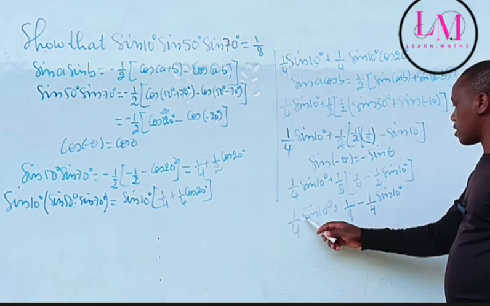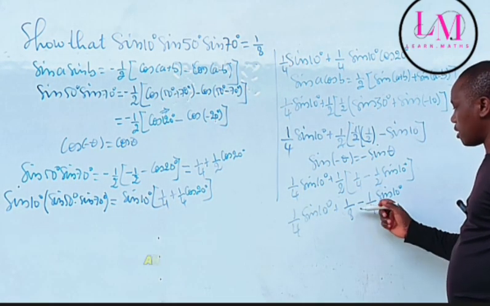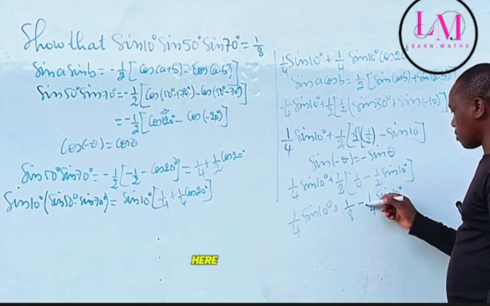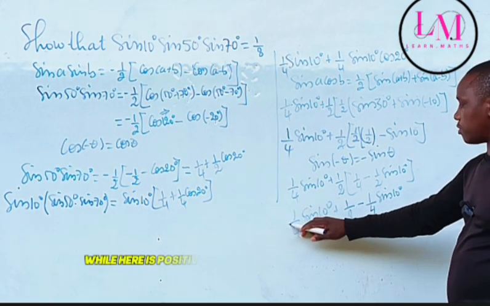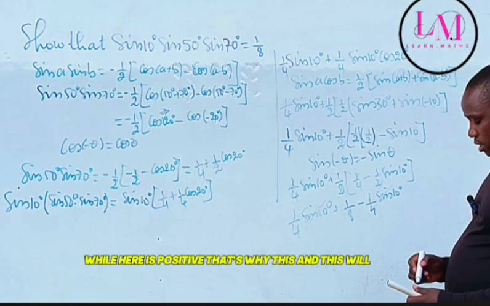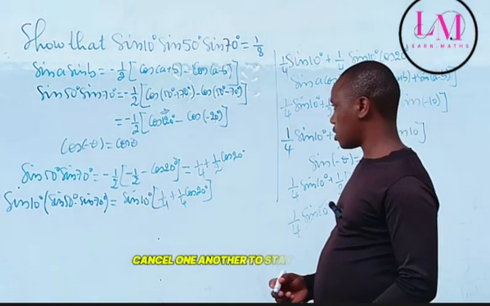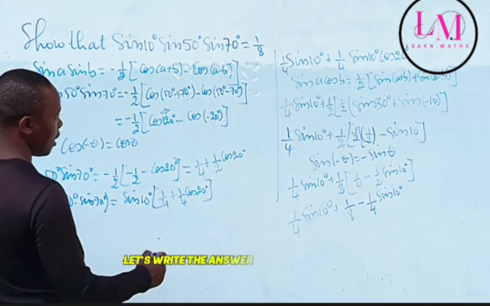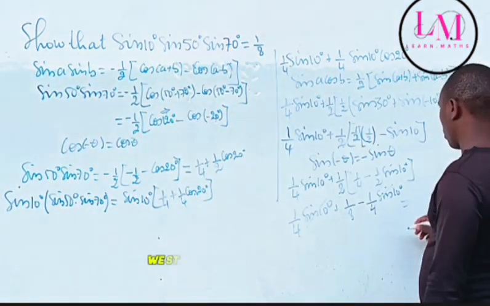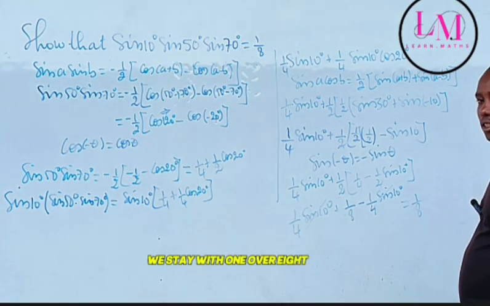You see this term and this term are similar and they have opposite signs. Here is minus, while here is positive. That's why they cancel one another, and we stay with 1 over 8.